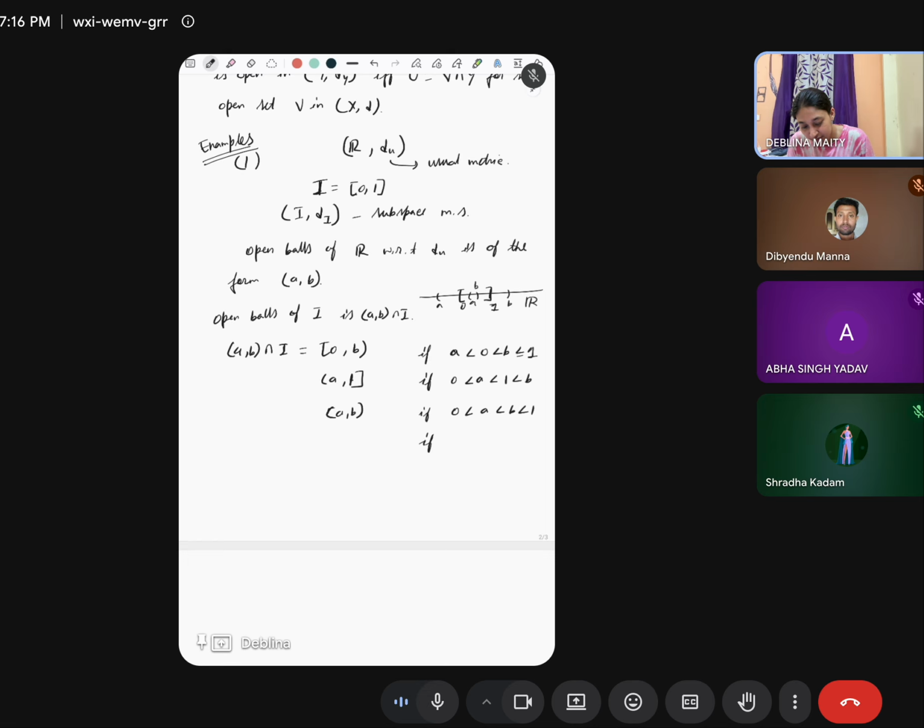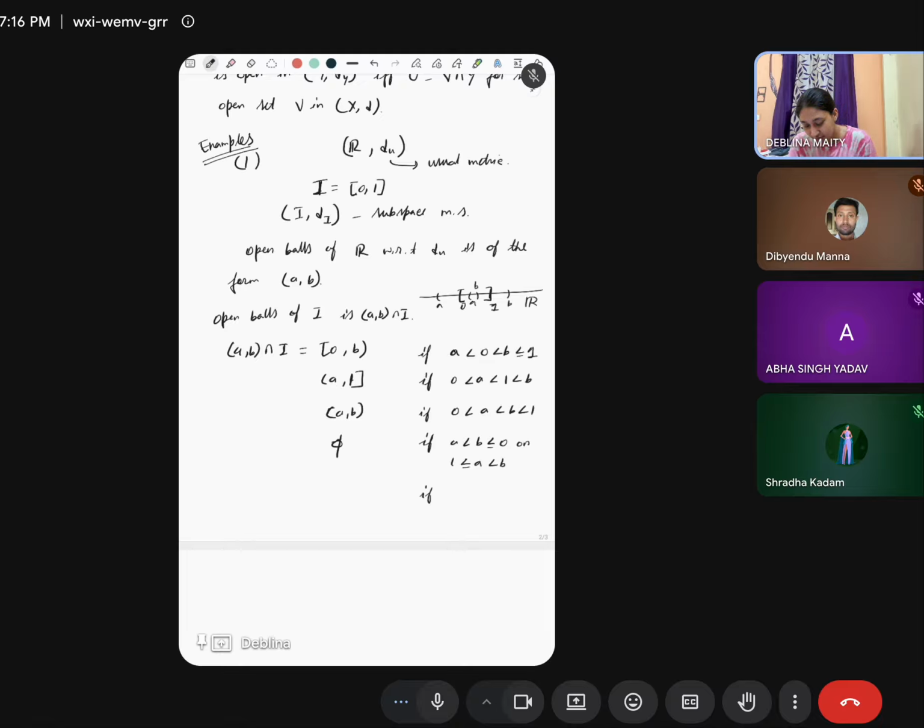And if A less than B less equals to 0 or 1 less equals to A less than B, then it will be phi, right? A, B both are outside 0 1, so it will be phi.